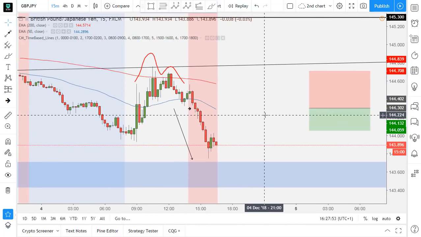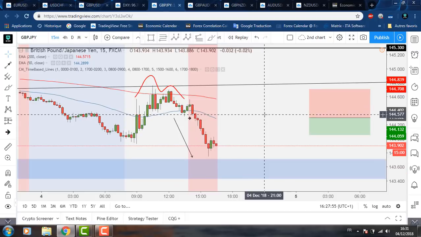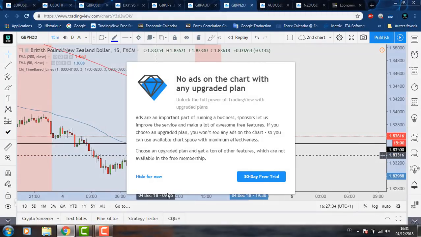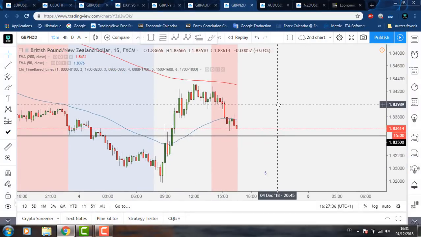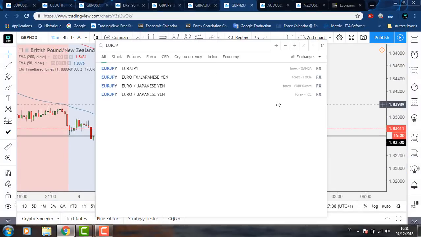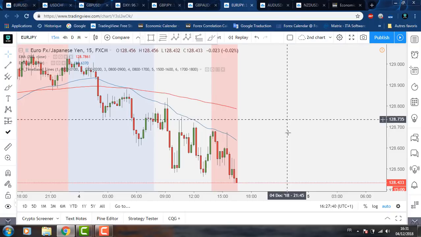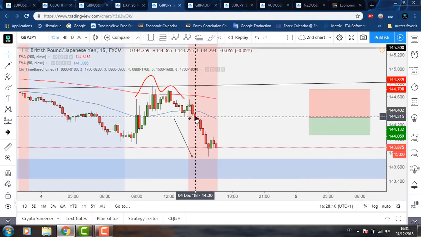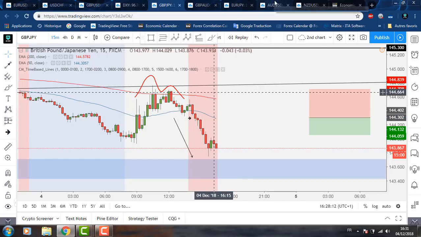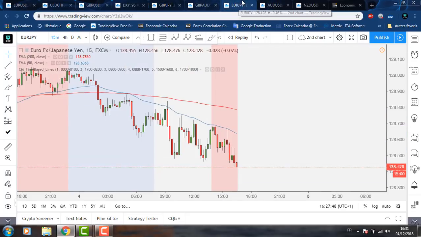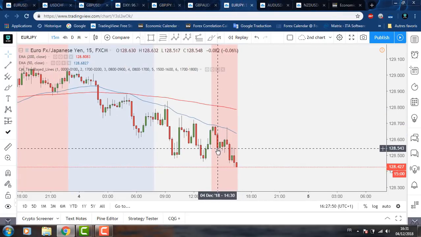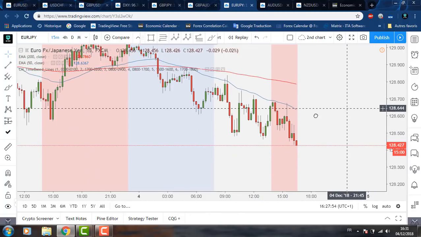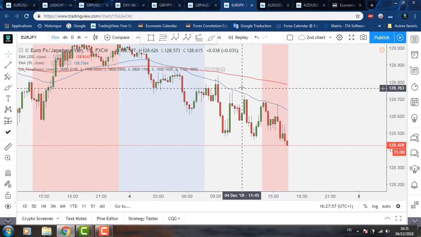Let's check out the correlated pairs and see how the pound and the yen were doing around that time. If you check Euro JPY at the exact same time of our entry, which was in the middle of this candle, 2:30 p.m., we had our confirmation candle here also, and the euro was falling.